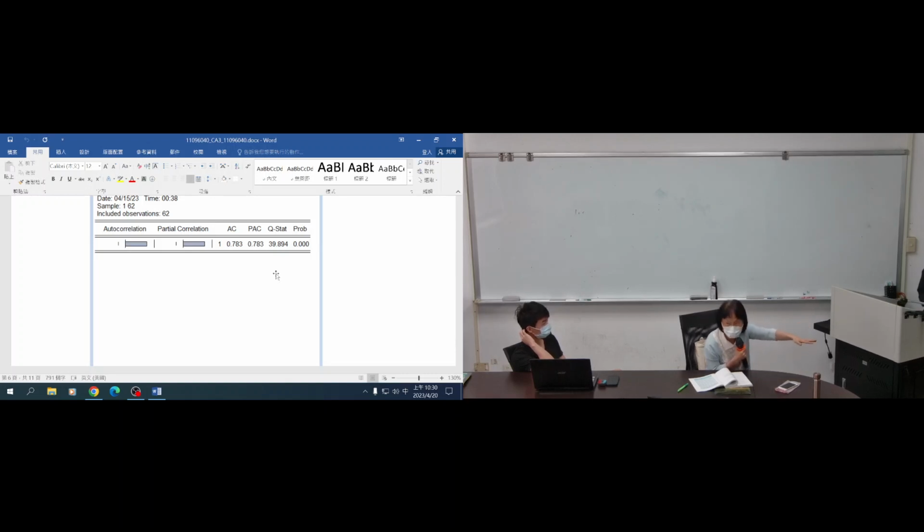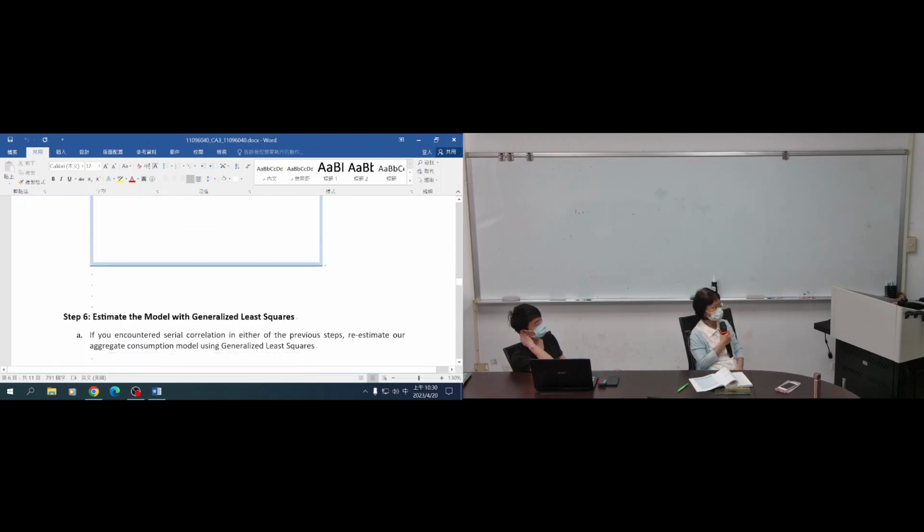But if we have more lags, we will continue to talk about this later on. Usually we do have more than one, and you can see lots of Q statistics here.